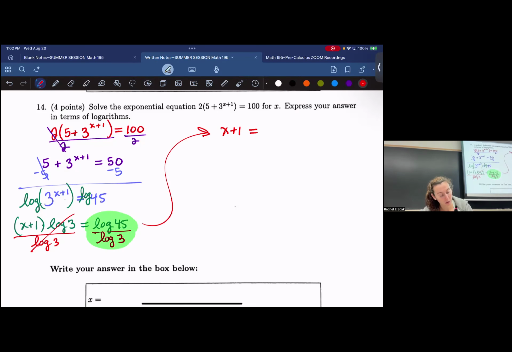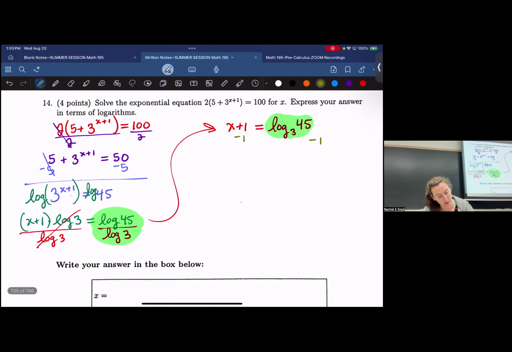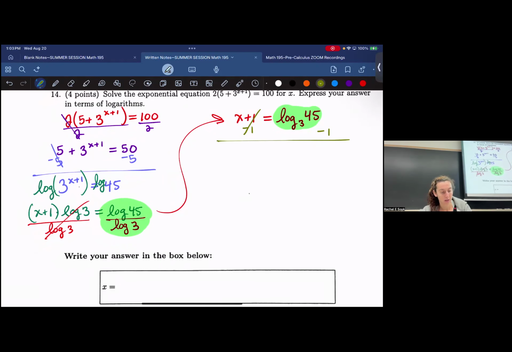So we can rewrite this as log base 3 of 45, so it looks a little cleaner. And then the last step in order to really isolate that x is to subtract 1 from both sides. So you get x to be equal to log base 3 of 45. I'm going to put that in parentheses so that I know that it's separate from that -1. And this is your answer. We're done.